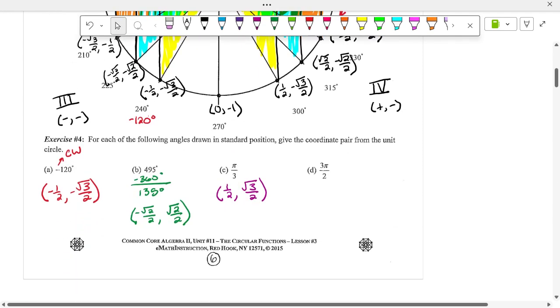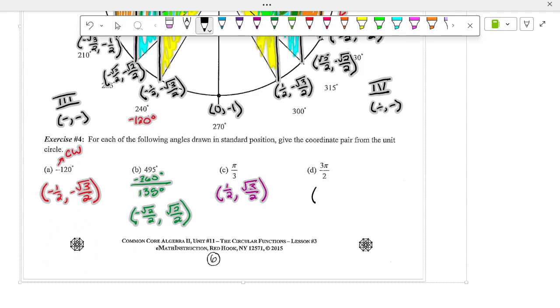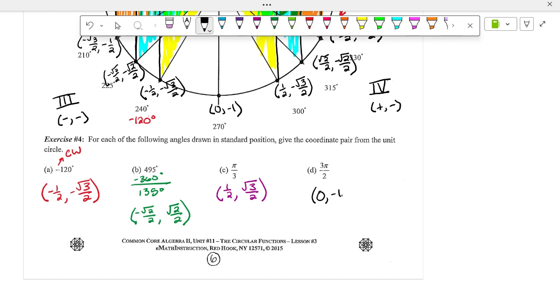What's the coordinate for 3 pi over 2? 0, negative 1. It's the same as 270 degrees, and that coordinate is 0, negative 1. So that might be some of the questions you're asked.